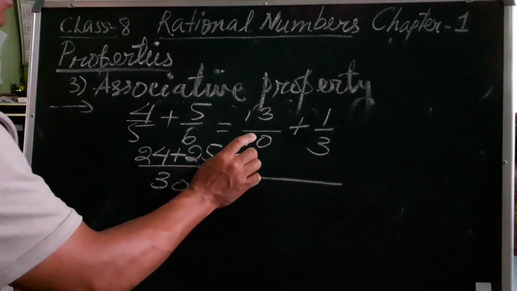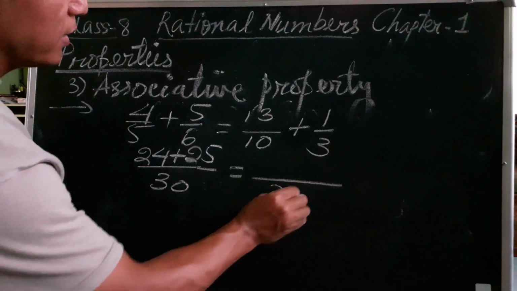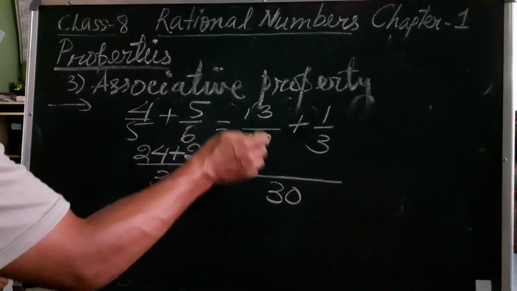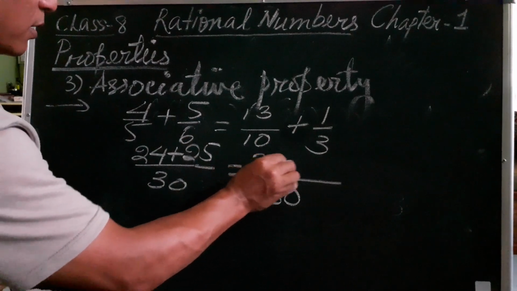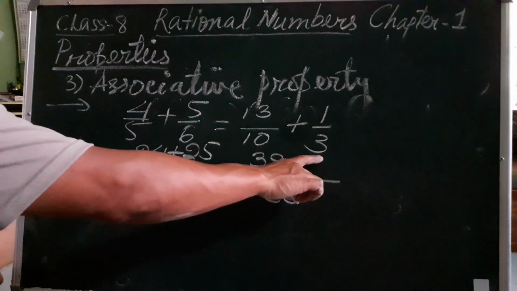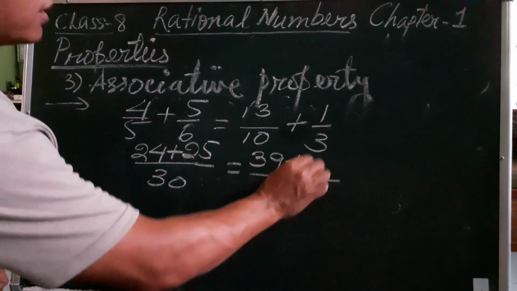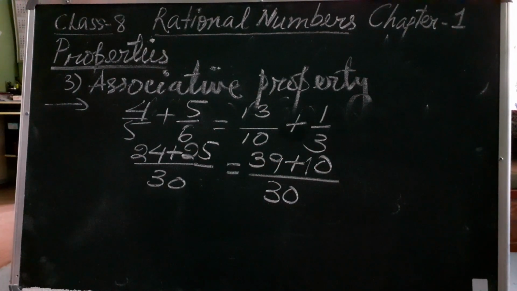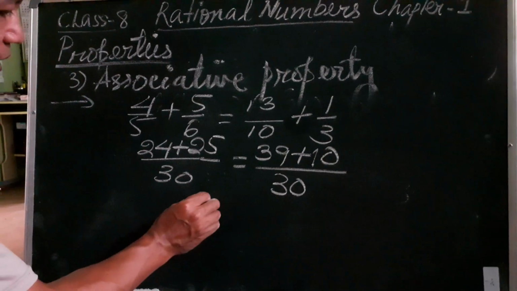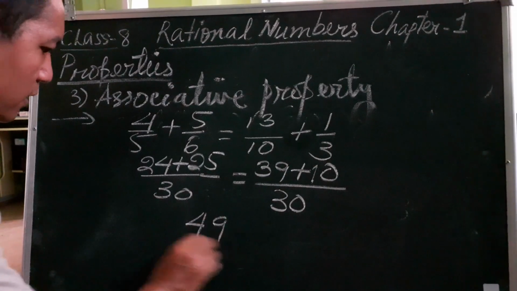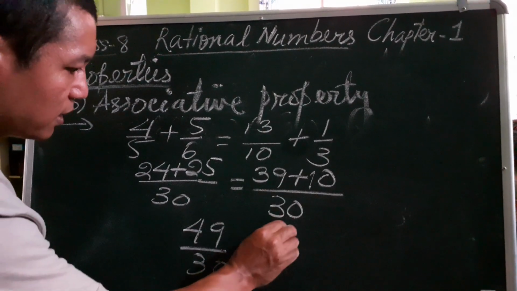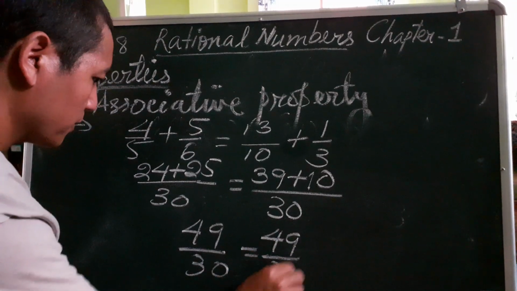LCM of 10 and 3 is 30, and 10 into 3 is 30, this 13 becomes 39, plus 3 into 10, so this becomes 10. So 24 plus 25 is 49 by 30. This side also 49 by 30.